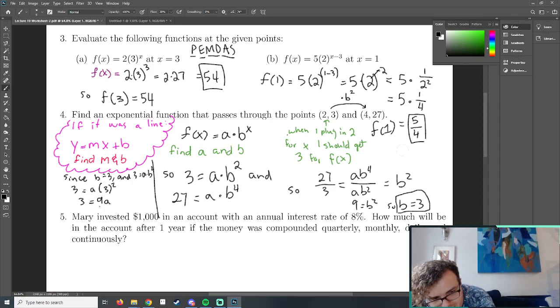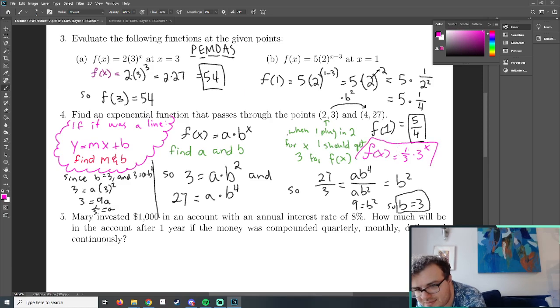When we divide both sides by 9, we get 1/3 equals a. So our final answer here is f of x equals a is 1/3 times b is 3 to the x. 1/3 times 3 to the x is our final answer.